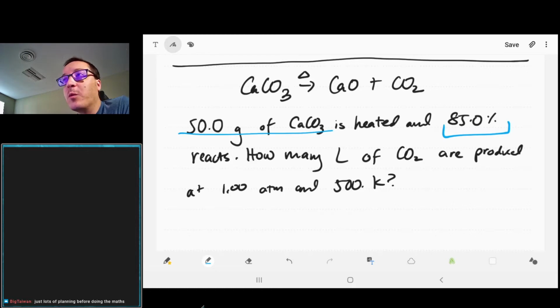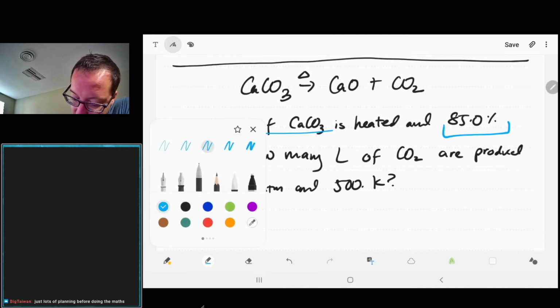With percent yields, another thing you can do is mess with your starting amounts. If we know 85% of it is going to react, we could just start with that number and carry through to the end. Or we could solve it using 50 grams and then multiply by the 0.85 at the end. Either way, it'll all work out. But since we're trying it new this time, let's see.